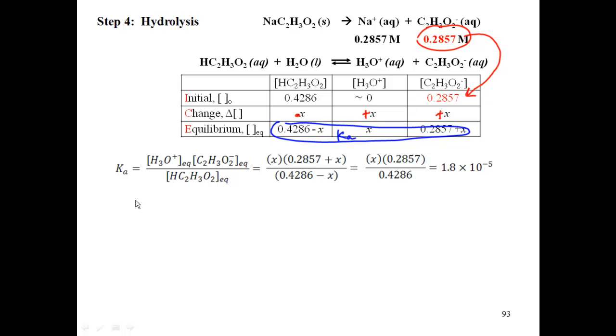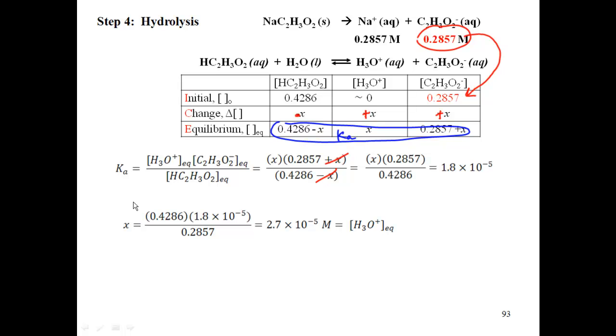I can do that because this is a buffer system and I have similar concentrations, which means I can get rid of the plus X and minus X, which leaves me X times 0.2857 divided by 0.4286 equal to 1.8 times 10 to the negative fifth, which is the Ka. I need to multiply both sides by 0.4286 and divide both sides by 0.2857, which gets me the following.